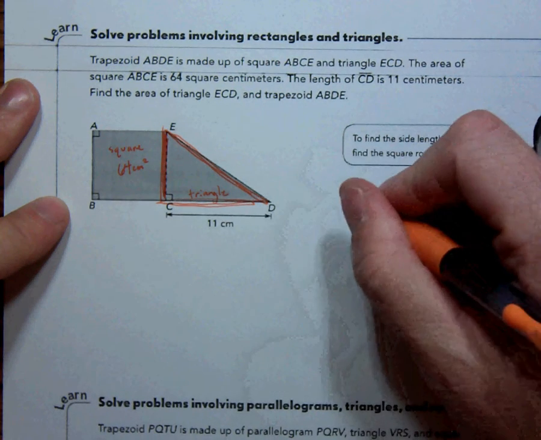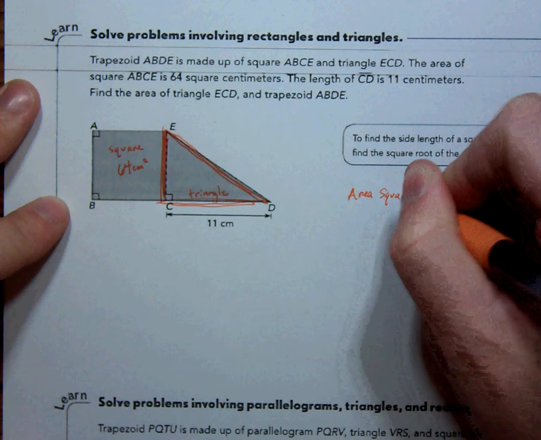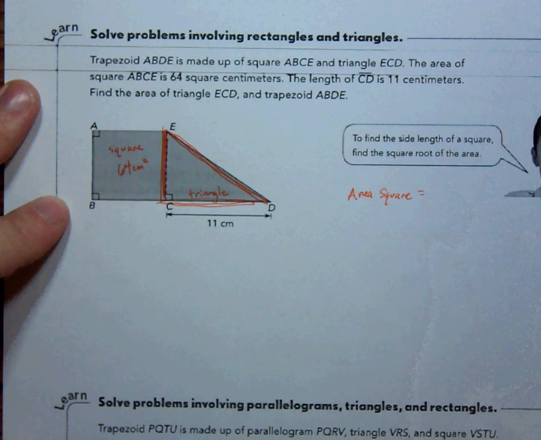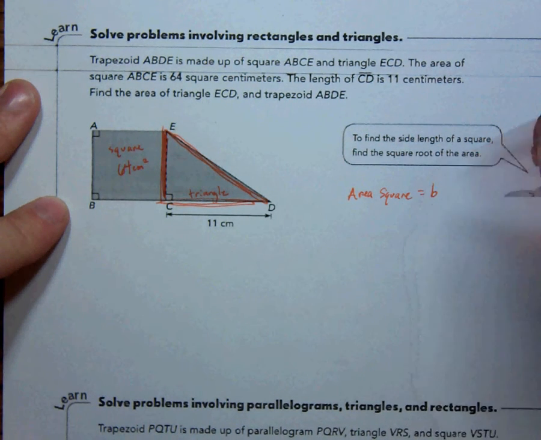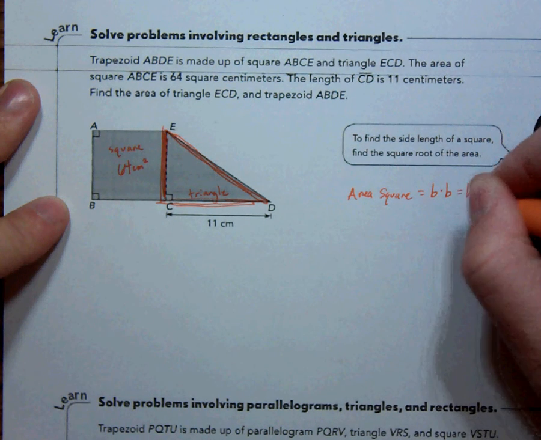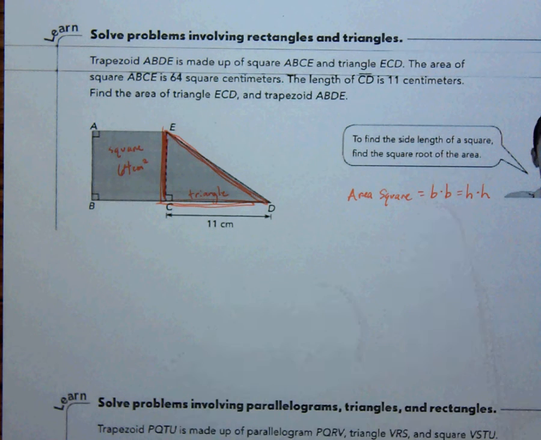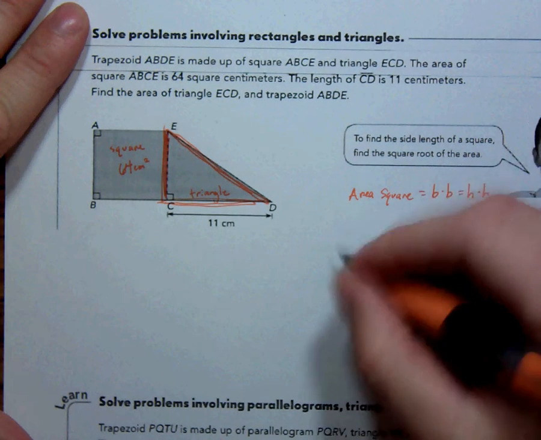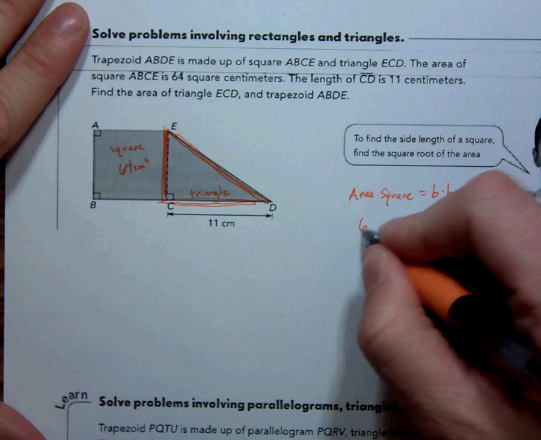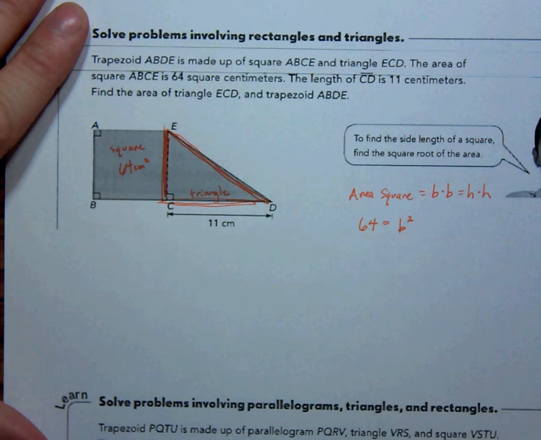So the area of a square is equal to base times height, but really a lot of times we just say base times base or height times height. It's the same number because it's a square, all sides are equal. So really the area of a square, 64, is equal to base squared.